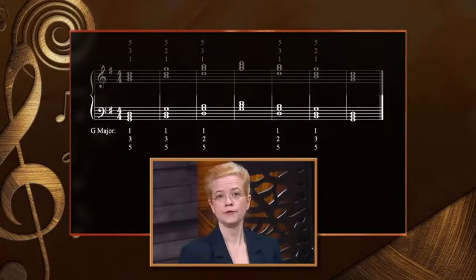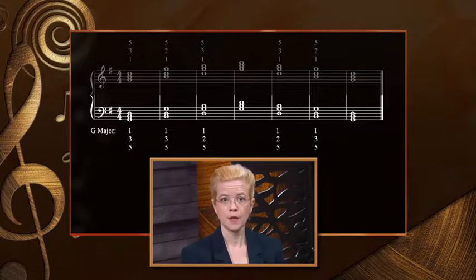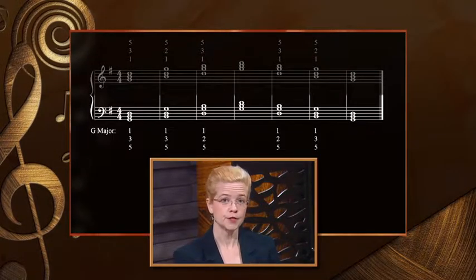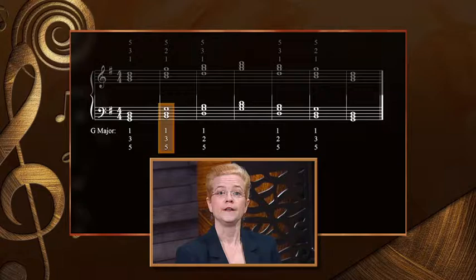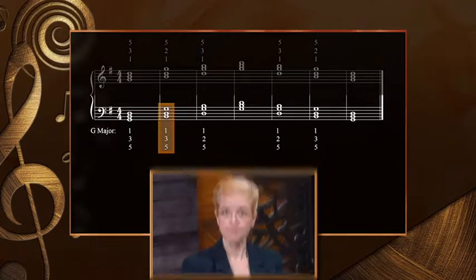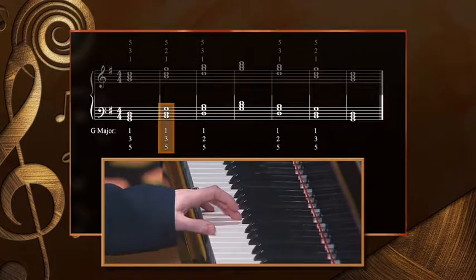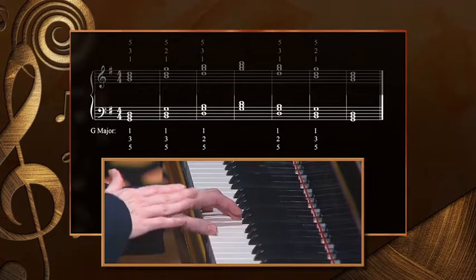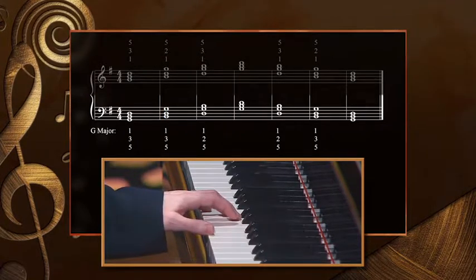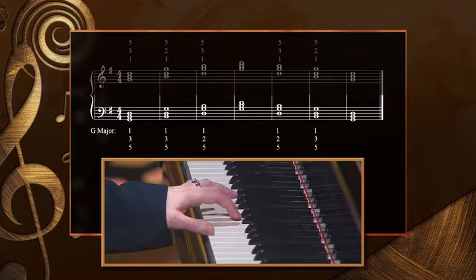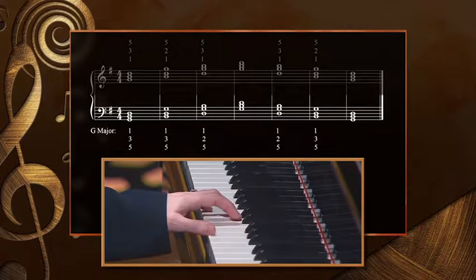You already know the fingering for the root position chord. When you move up for the first inversion, you play finger 5, 3, 1. Just expand your thumb or the top part of your hand slightly to accommodate the interval of a sixth between the bottom and top notes.